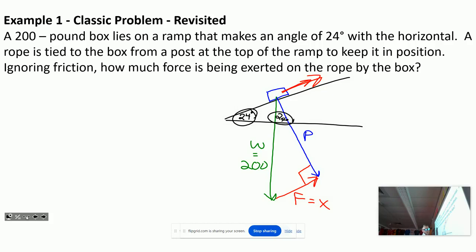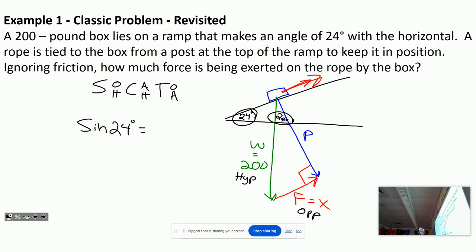And what this always comes down to is just some basic right triangle trigonometry. So I'm going to use TOA to figure out my missing piece using what I know. I know the angle. I want to find the force, which is opposite, and I have my hypotenuse, which is the weight. So this is sine of 24 degrees is going to be equal to x over 200.